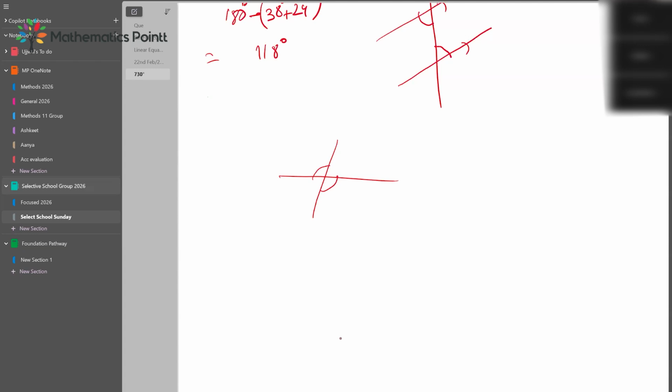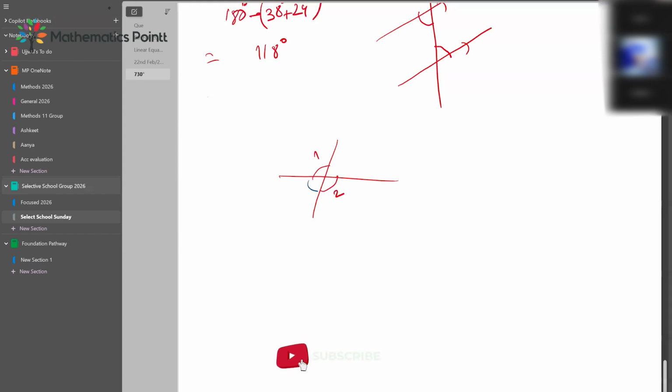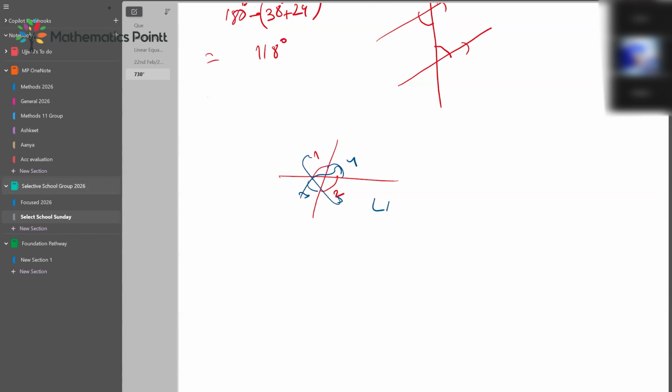It simply tells me whenever two lines cross each other, they make four angles. One, two, I change the color, three, four. Opposite angles are equal. They call it vertically opposite angles. So angle 1 equals angle 2, angle 3 equals angle 4.